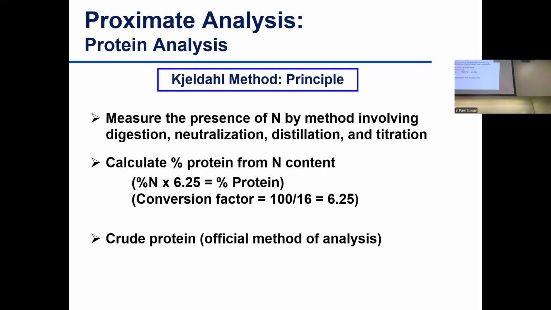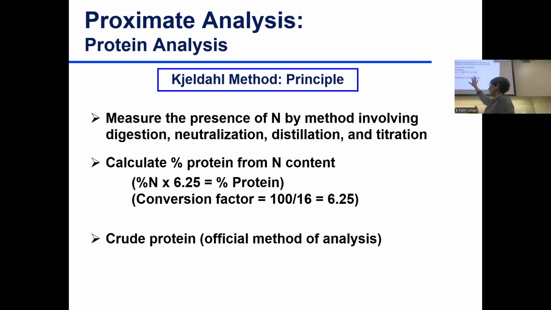Throughout these processes, you're going to hear me say, follow the nitrogen. So it's fixing nitrogen in each step, and then we determine nitrogen content. So we follow the nitrogen in all of these three major chemical reactions, and I'll show you the chemical reaction in a little bit. Once we have the nitrogen, we calculate protein by using a conversion factor. So where is this conversion factor coming from?